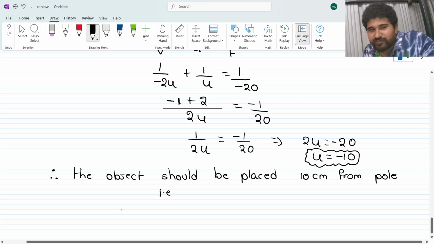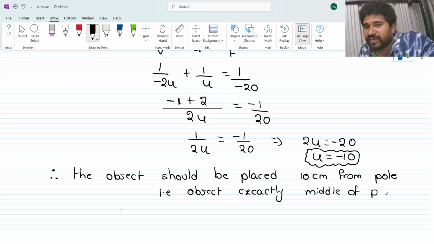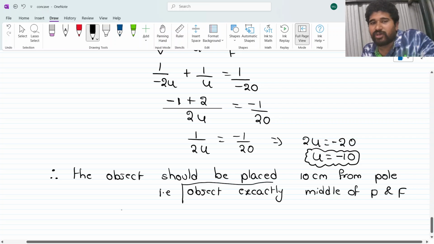That is, the object is exactly in the middle of P and F, or F and P. Yes or no? We have to highlight this because we got a great conclusion.